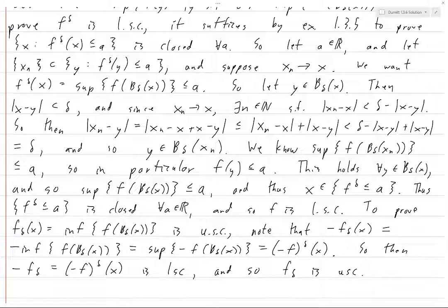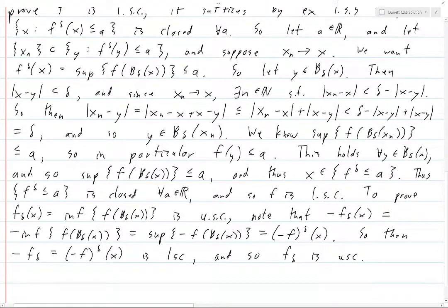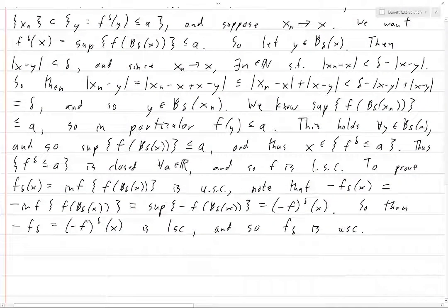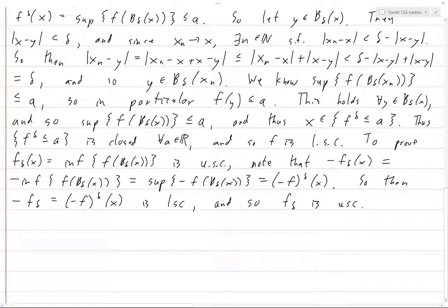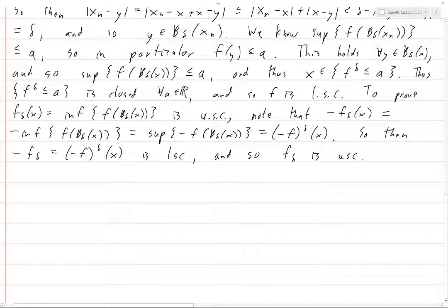All right. So we have that f upper delta is lower semi-continuous and f lower delta is upper semi-continuous. So now we want to prove that the set of points where f is discontinuous is measurable. There's a little bit of work that we have to do to get there.